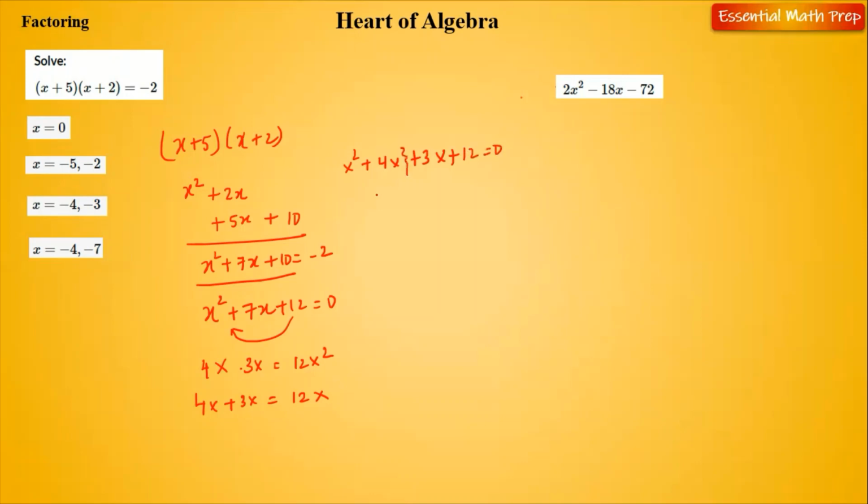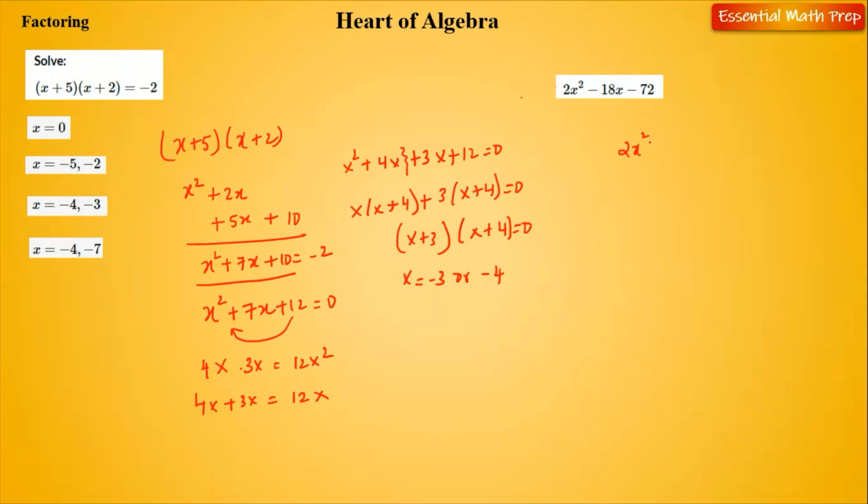If I split it here and take x as a common factor, then it's x times x plus 4, and I take 3 as a common factor, then it's 3 times x plus 4. I combine these two terms: x plus 3 times x plus 4 equals 0. So x can be negative 3 or negative 4. Simple, isn't it? All right, let's finish it off with the last one.